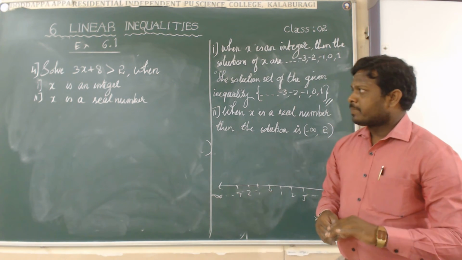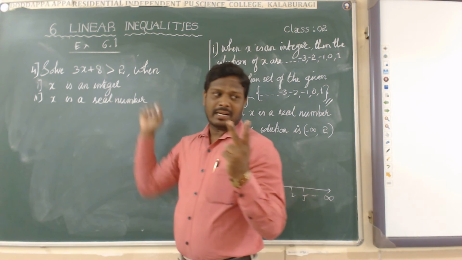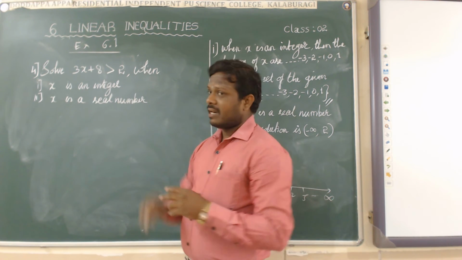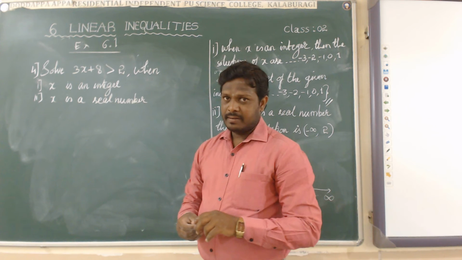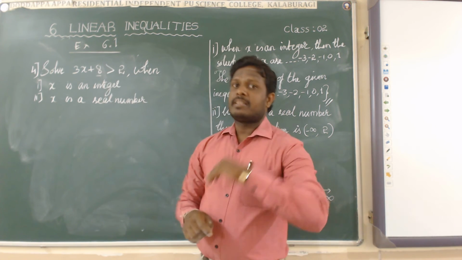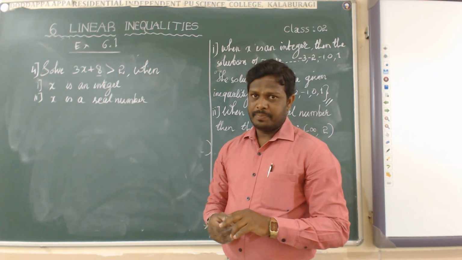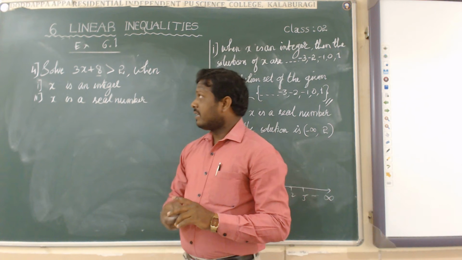See here in the given question, on the LHS 2 terms are there, and on the RHS 1 term is there. First of all we have to remove the constant 8 by subtracting 8 from both sides. Then we will get 3x and minus 6.